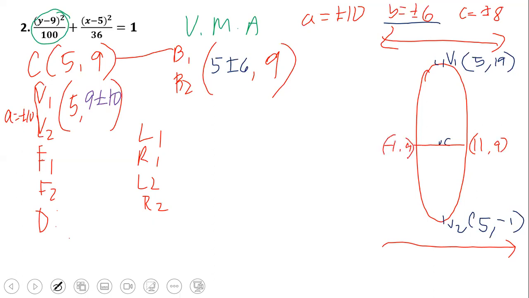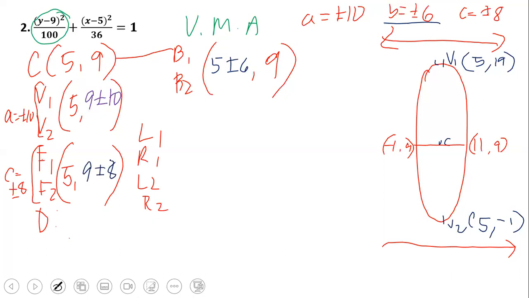Okay, next. You also have the focus or the foci, which is c is equal to plus minus 8. So you already have the following terms. Kung kanina ang akyat natin ng vertex is going up or wise, the same also we're going to apply here. 5. Tapos you also have 9 plus minus 8.